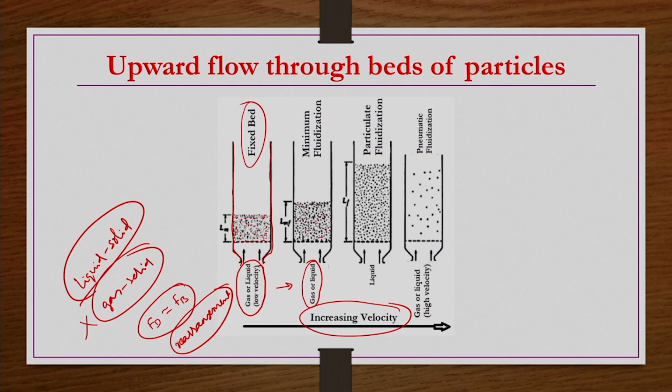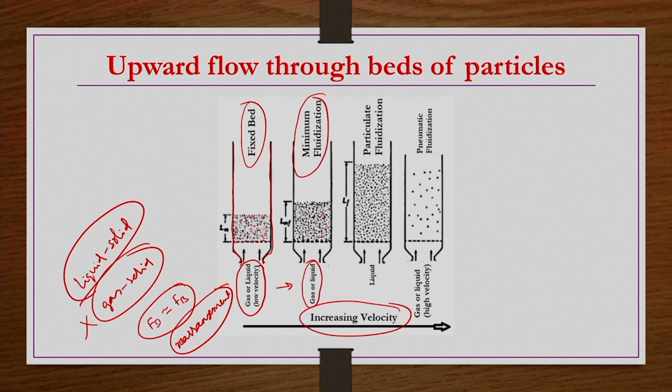If the voidage is increasing, the resistance to the flow decreases. So there would be a point of velocity known as the minimum fluidization velocity, at which the pressure drop is balanced by the buoyant weight of the particles. At that condition, we call the bed as started fluidizing, or under fluidized conditions.